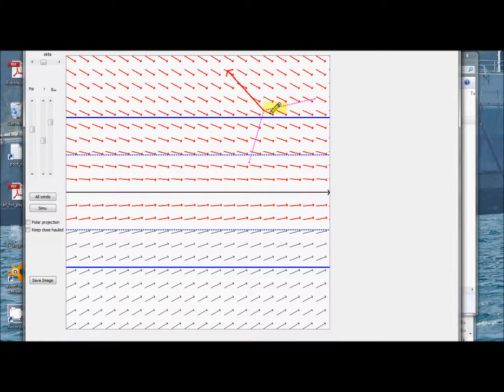I will choose the side, the magenta direction, which makes me go toward the line AB. That's why I will project this arrow toward this direction and not toward this direction.